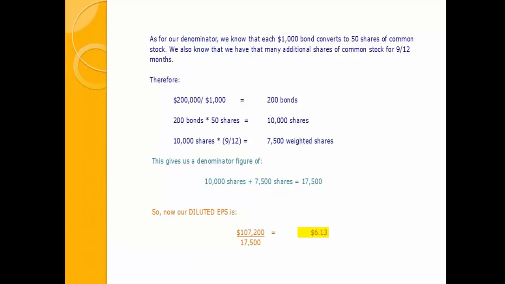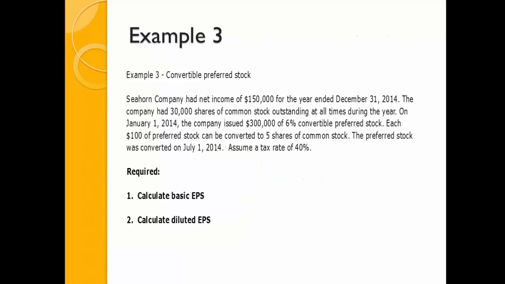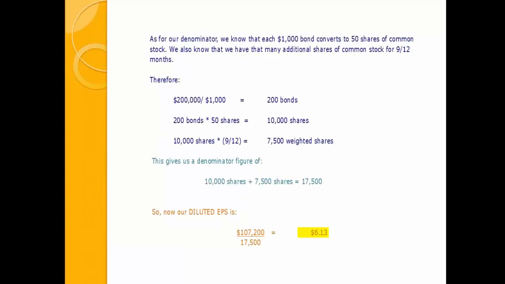Now you notice also that the numerator has changed. The numerator has changed because we're looking at the expense for the bond, which is 8%, but the 8% is not for the complete year. The 8% is for 9 months. So we're looking at the 8% net of taxes as it affects our net income.